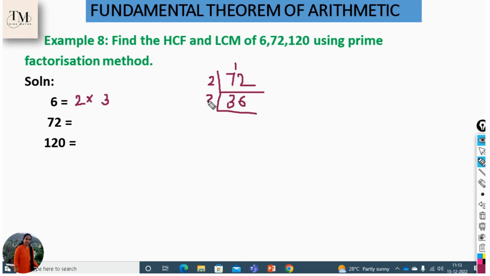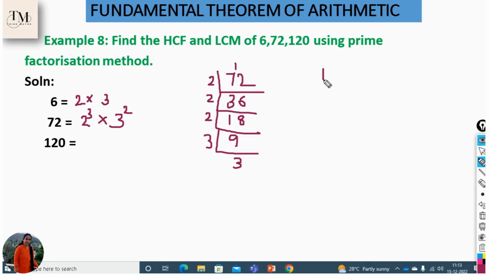Again I use 2. 2 nines are 18. 9 is not even, so I check for 3. 3 threes are 9. 3 is prime, so I stop here. So there are three 2s, so I write 2 power 3 into 3 power 2.